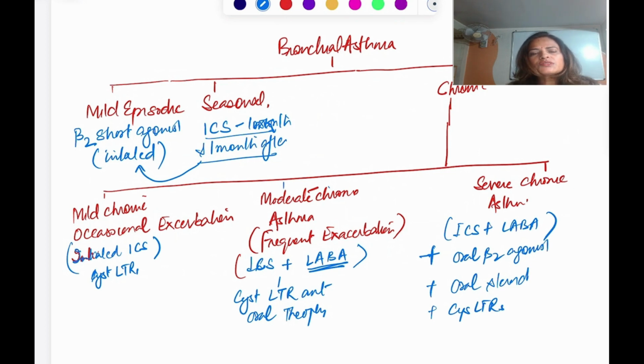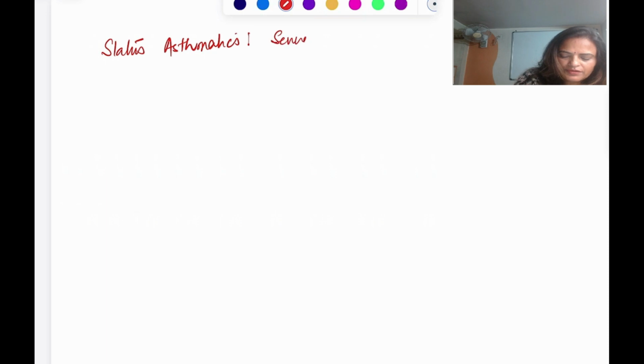And if the patient goes into status asthmaticus, which is a life-threatening condition, a severe acute asthma, okay, how do we treat status asthmaticus? It needs immediate treatment. In most patients we need hospitalization.